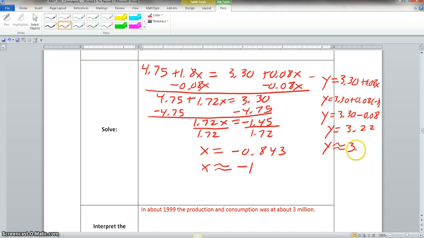And y is approximately 3. So what this means is, in about 1999, the production and consumption was at about 3 million. That's what this means, because this is 1 year before 2000. So we'll take 2000 minus 1. That's where we get the 1999 from. And this 3 represents 3 million. So it was about 3 million.